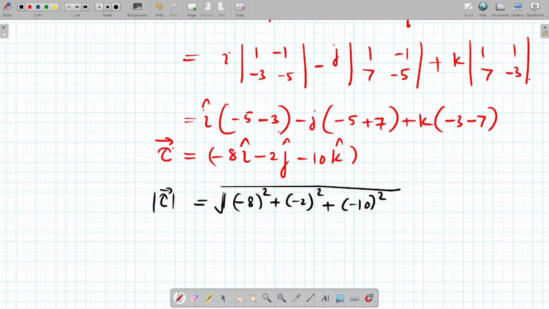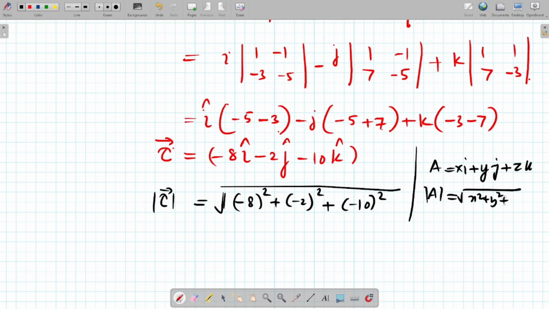This is what? For any vector a, x i plus y j plus z k, what is its absolute value? Square root of x square plus y square plus z square. See, until you revise your previous things, you won't recollect anything. So revision is a must, and you must be very much close to your subject.